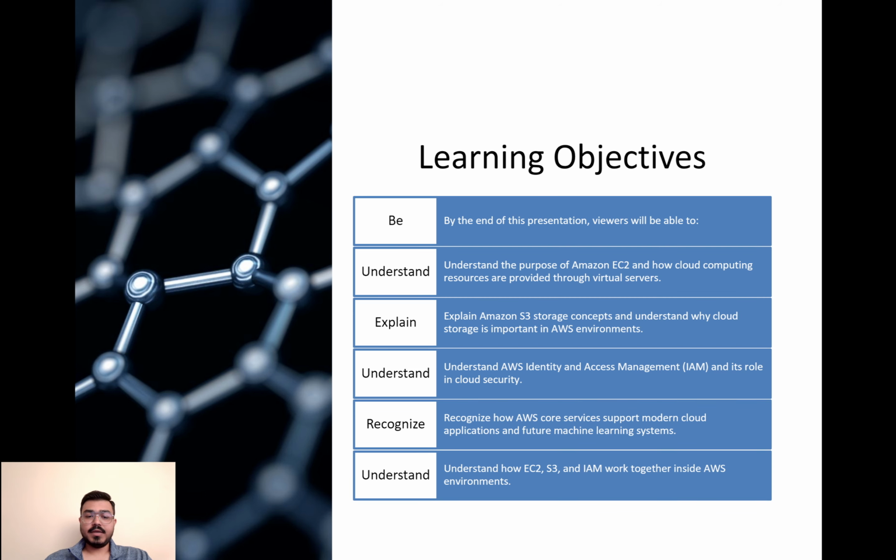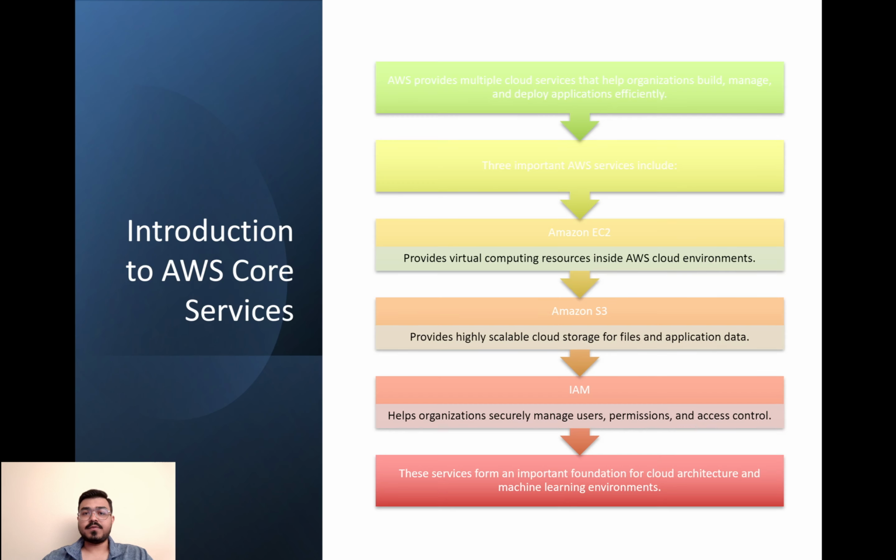Another objective is understanding AWS Identity and Access Management, also called IAM, and learning its role in cloud security. We will also recognize how AWS core services support modern cloud applications and future machine learning systems. Finally, we will understand how EC2, S3, and IAM work together inside AWS environments. Now let's begin by introducing AWS core services.